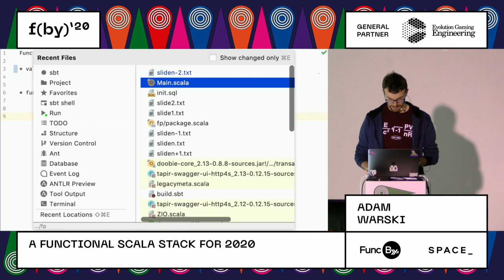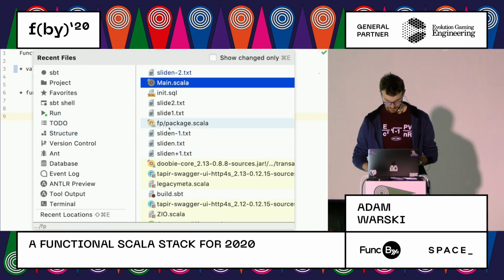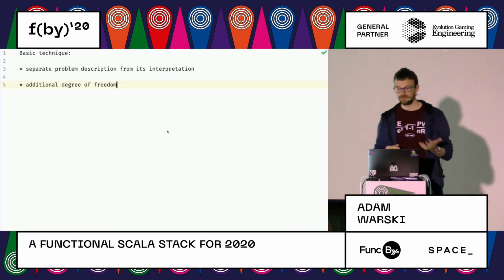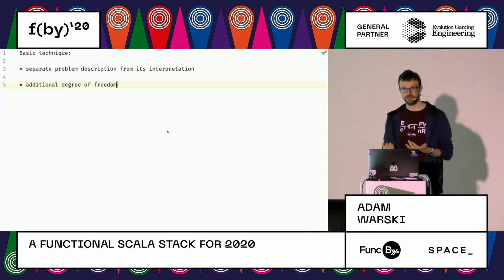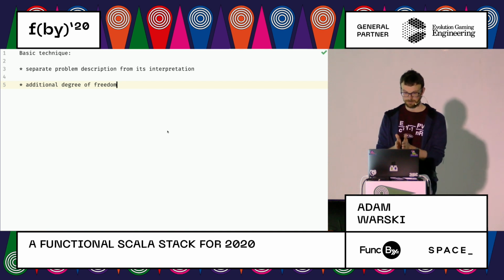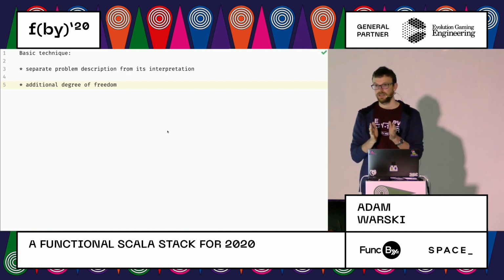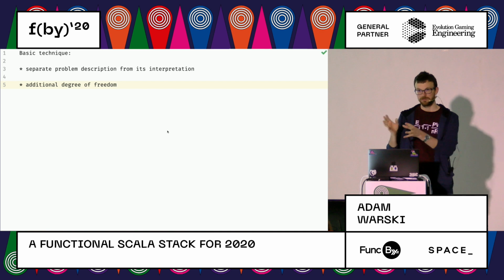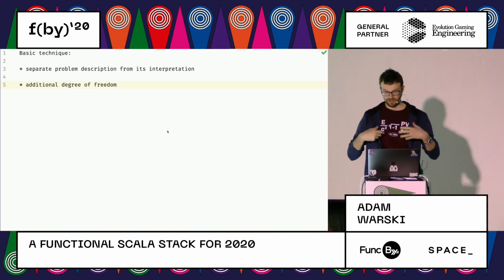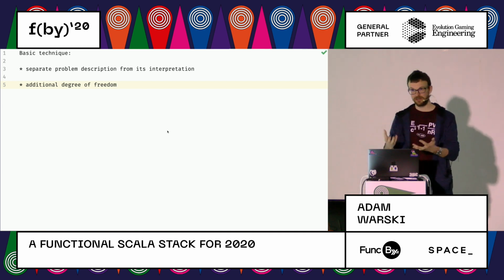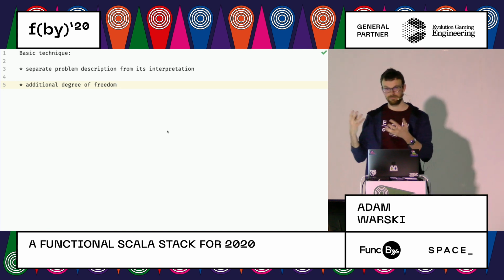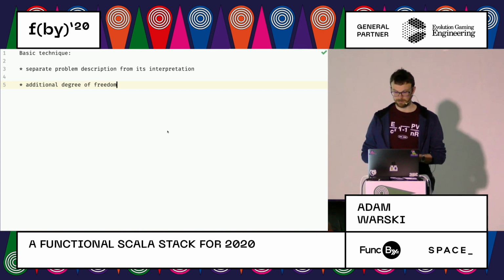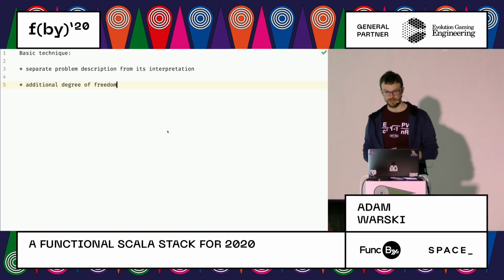So yeah, and I had one more slide. The basic technique that we have used here is that typically when you use Spring, for example, when you execute a query, you do it in one go. You have the connection pool available, and you just issue a query to the connection.